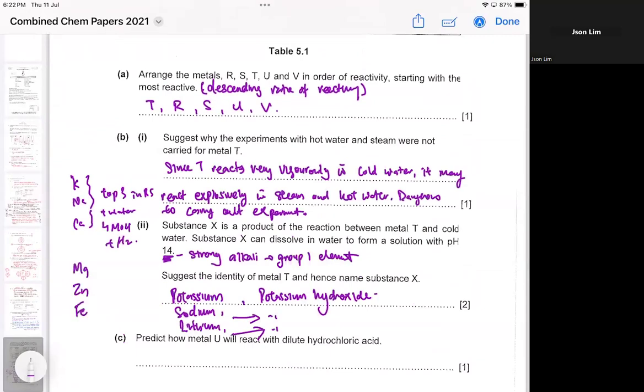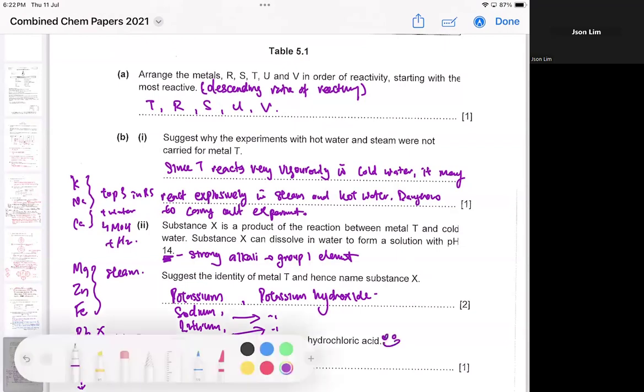These 3 are the ones that react with steam. As we know, lead doesn't react that way, and then copper and all the way down. Because it is above hydrogen in the reactivity series, it will react with acid. So this reaction is going to work. So my answer for this is that it's going to be able to react with an acid.